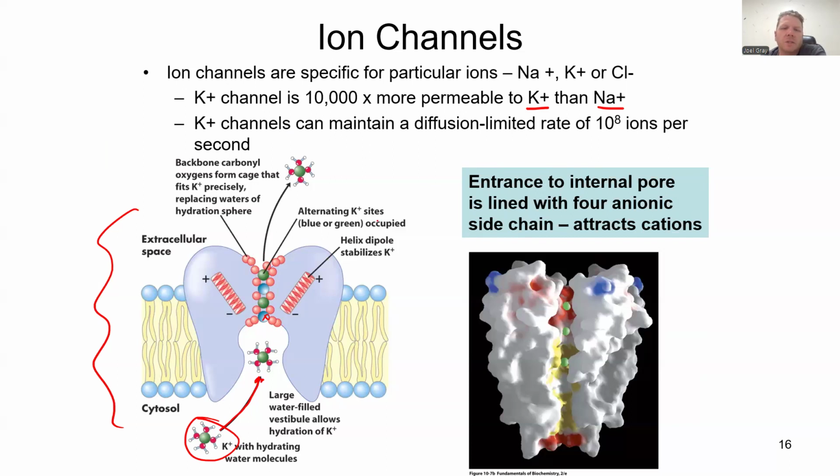Now, these potassium sites, the blue ones indicate that it's unoccupied. The green ones are occupied right here and here respectively. So these ion channels, they're pretty fantastic because they can move certain ions very selectively.